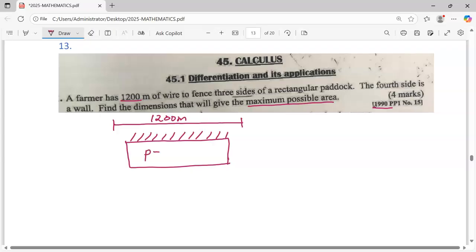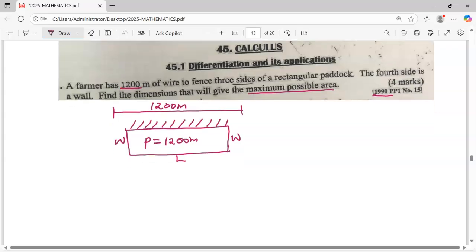We know the perimeter is equal to the length, which is 1,200 meters. The shorter side of the rectangle is the width. This is also W, and the longer side is going to be the length.